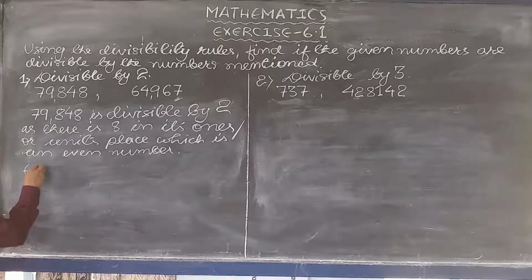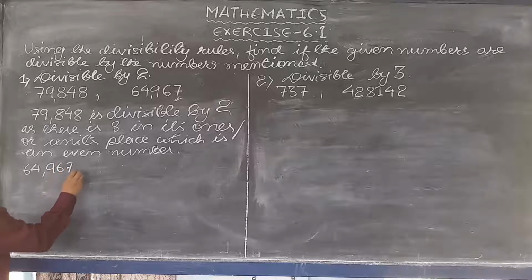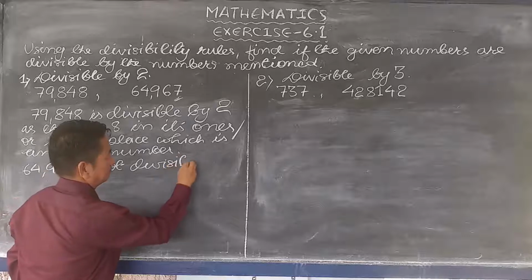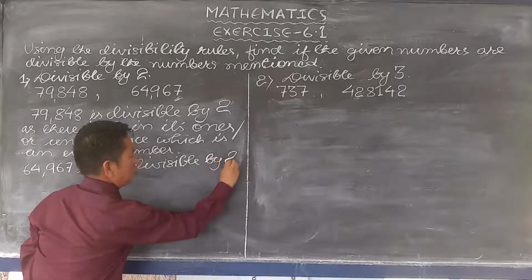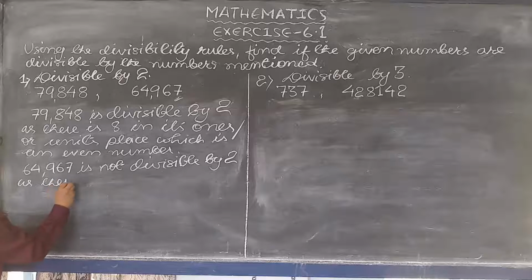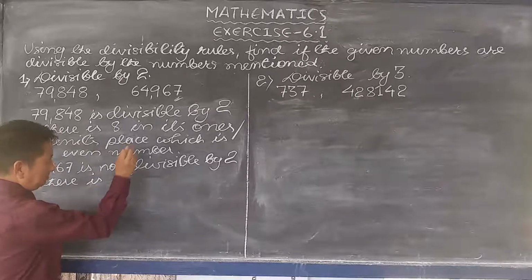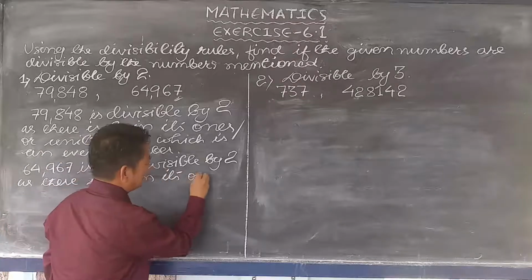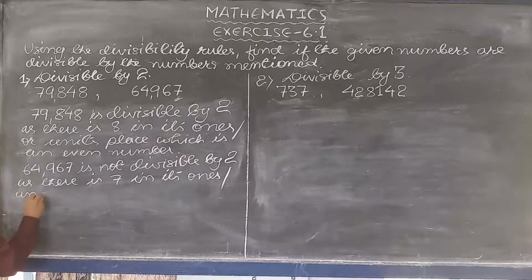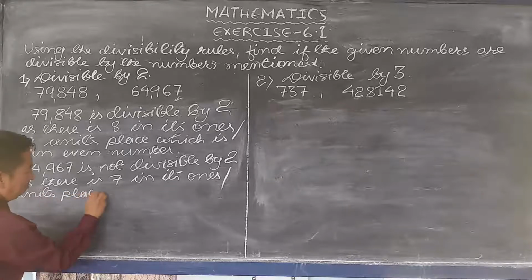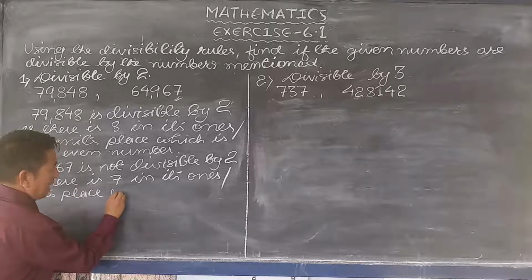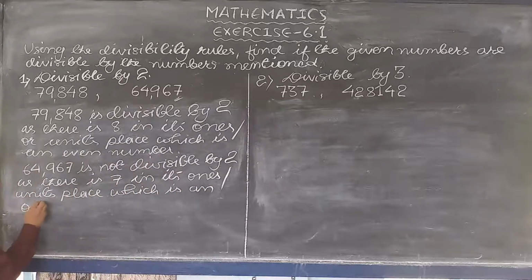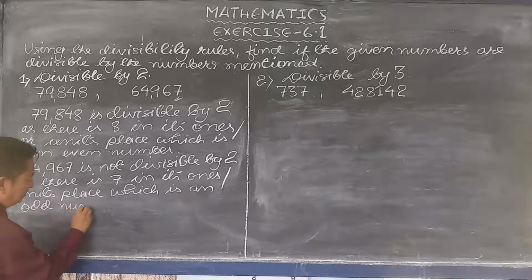Therefore, 64,967 is not divisible by 2, as there is 7 in its ones or units place, which is an odd number. Odd number is not divisible by 2.